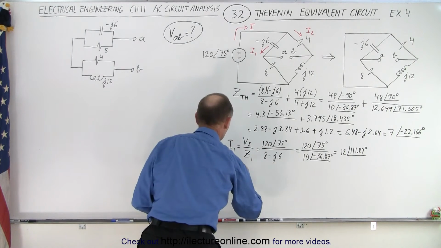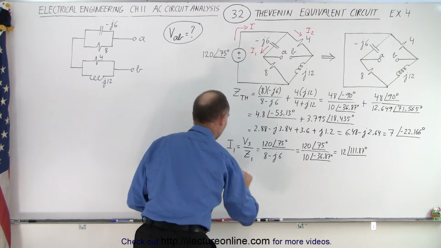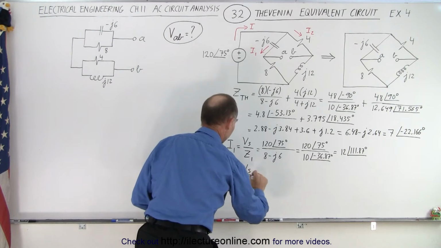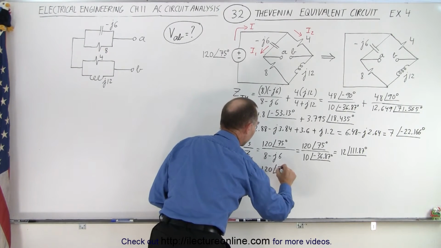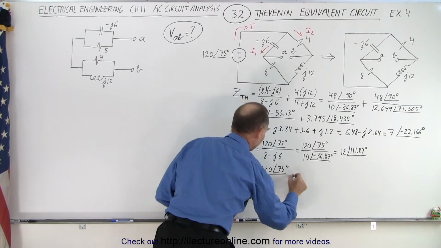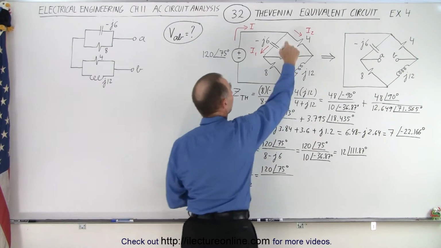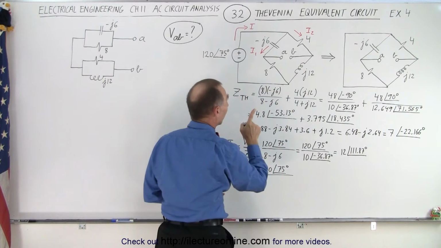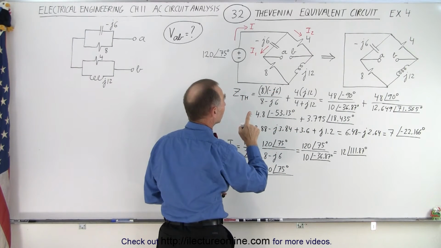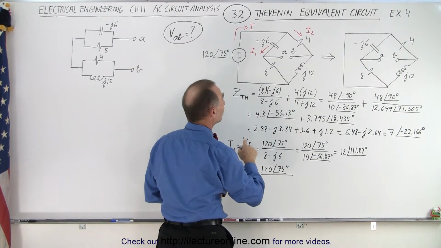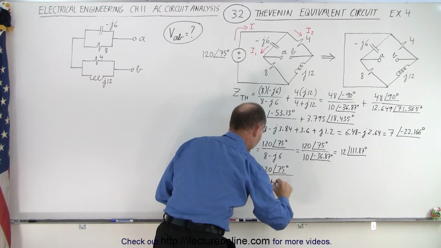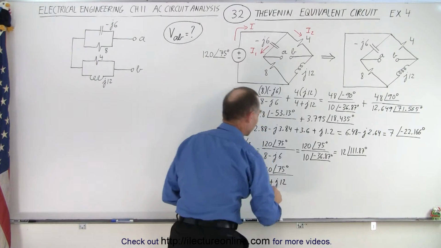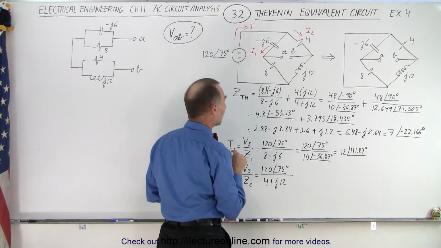Let's do current 2. I2 is equal to the voltage of the source divided by Z2. So 120 with a phase angle of 75 degrees divided by Z2, the impedance of this branch, which is 4 plus J12. Because that is in series, we simply add them up.